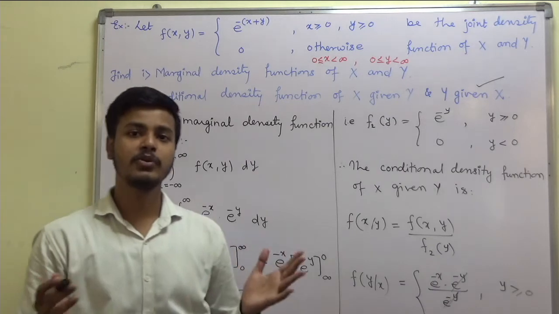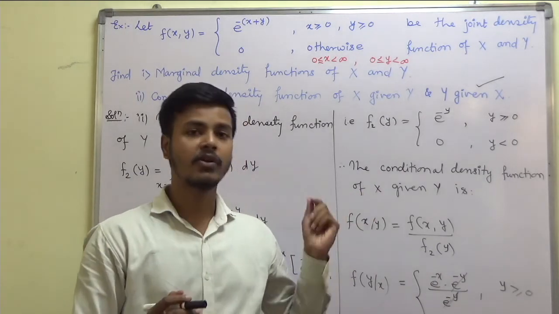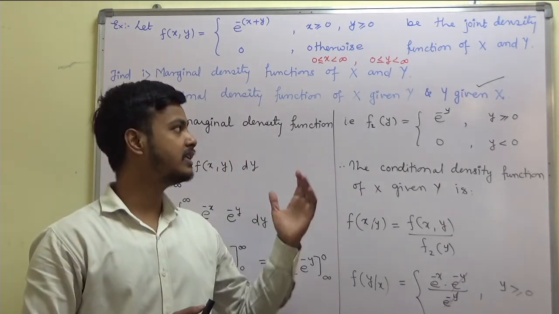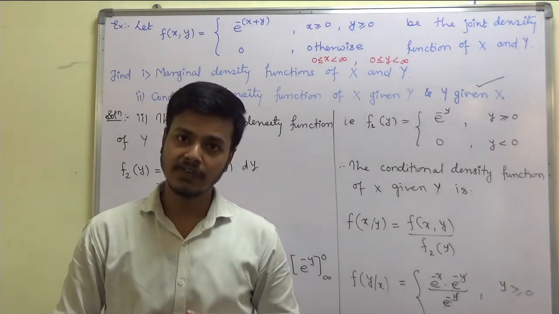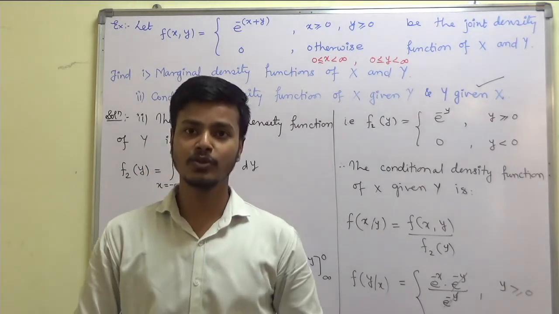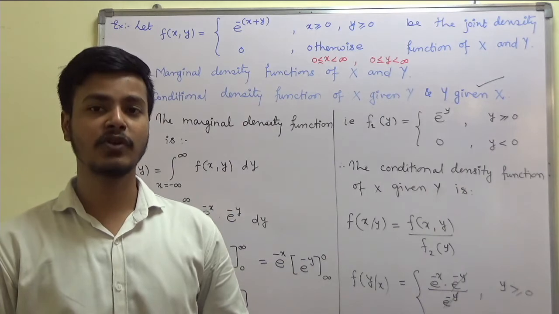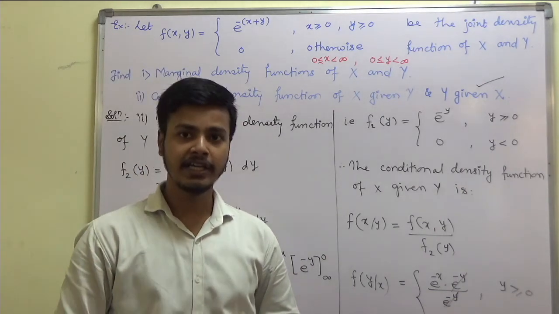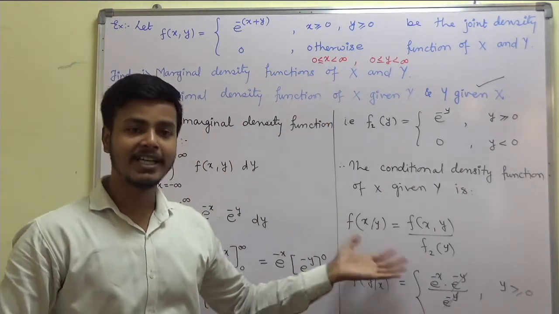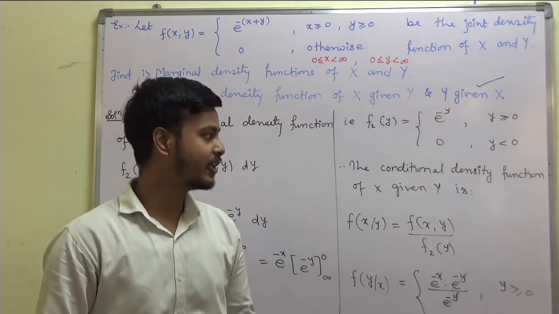I hope you got the idea how to find out the marginal density functions of x and y, and also the conditional density functions of x and y. It is just like a buy one get one offer.